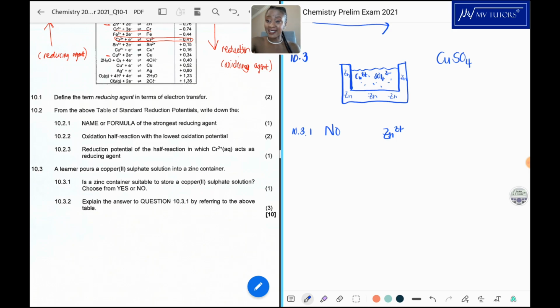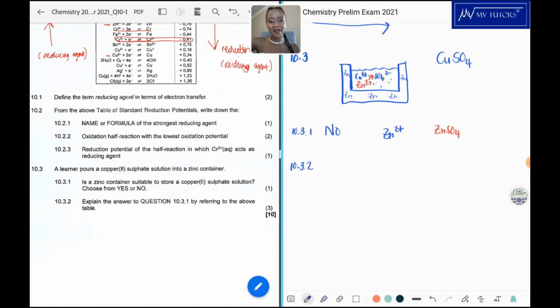Those zinc ions join the mix in that solution, and they will want to combine with the sulfate and form zinc sulfate. So 10.3.2 asks us to explain, so everything that I've just said here.